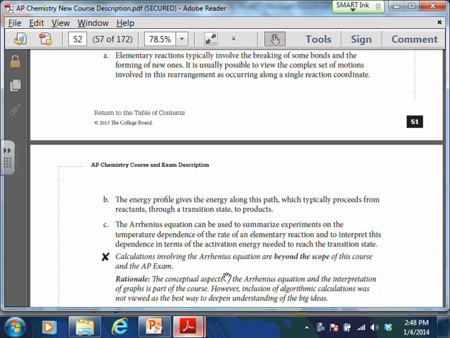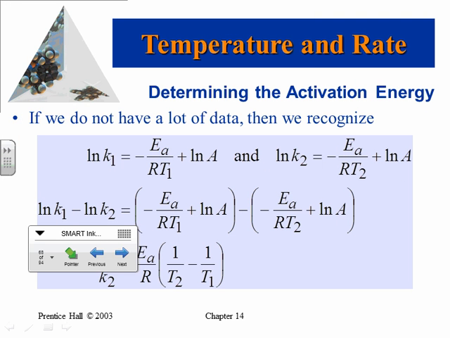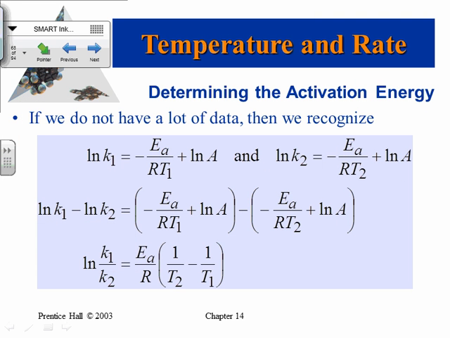Okay, so we looked at those activation energy graphs. We also just looked at a graph involving the Arrhenius equation. Now it says here calculations involving the Arrhenius equation are beyond the scope of this course. So I don't think they're going to have you do something like this, where they give you a couple of temperature points and a couple of rate constants.